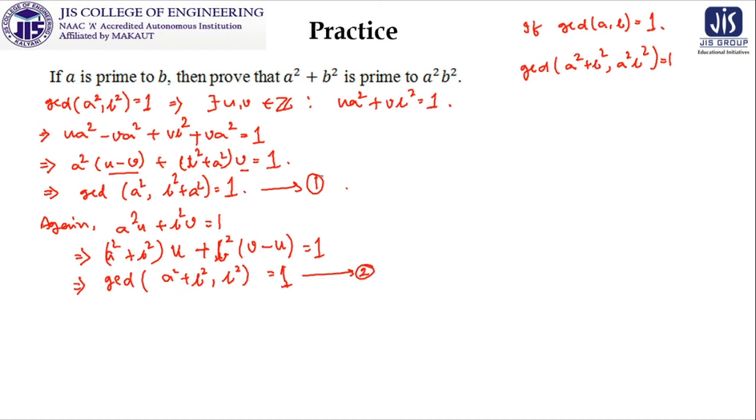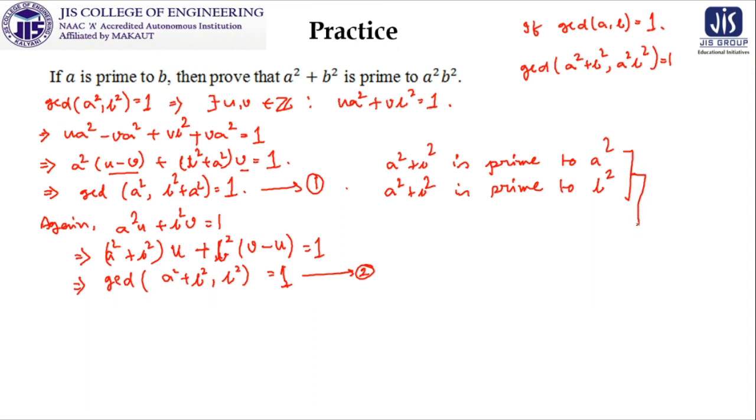So first equation tells us that a square plus b square is prime to a square. Second equation tells us that a square plus b square is prime to b square. So both of them together are saying to us that a square plus b square is prime to a square b square.